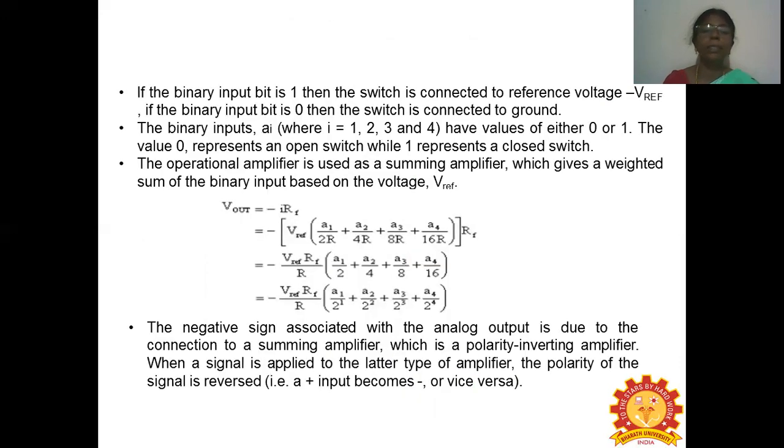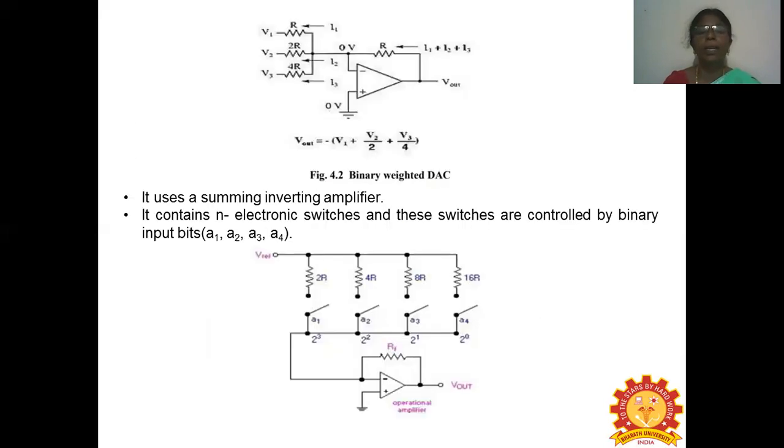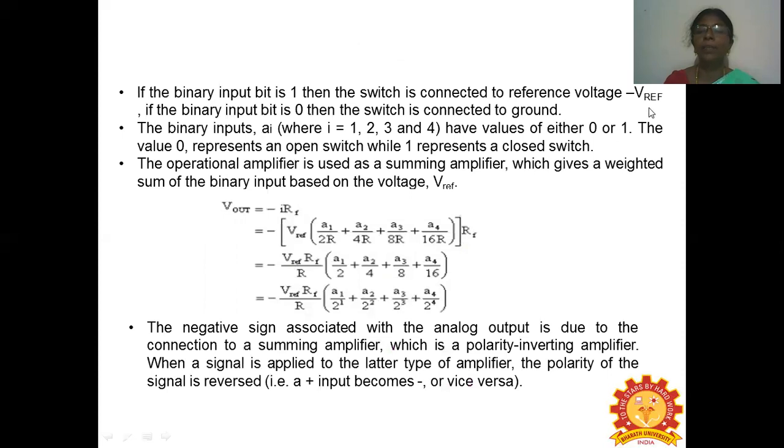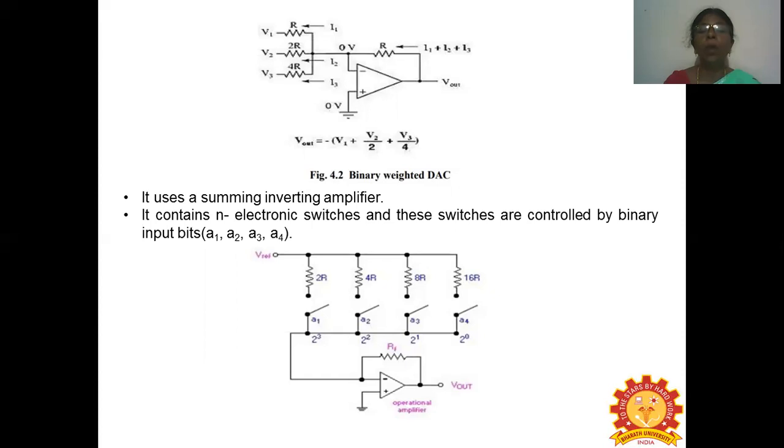If the binary input is equal to 1, then the switch is connected to the reference voltage V reference, here represented by minus V reference because we are connecting the reference voltage to the inverting terminal of the circuit. If the binary input is equal to 0, then the switch is connected to the ground point.